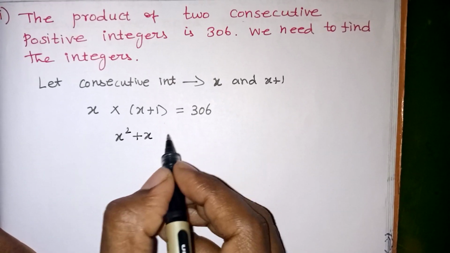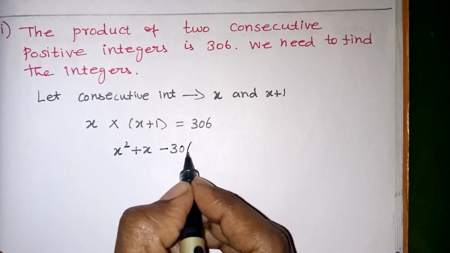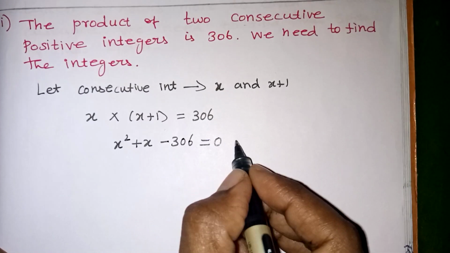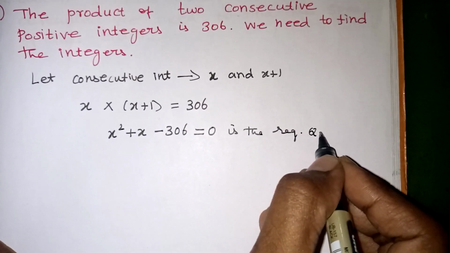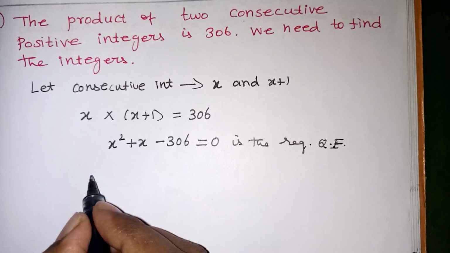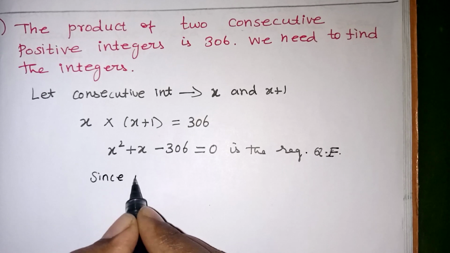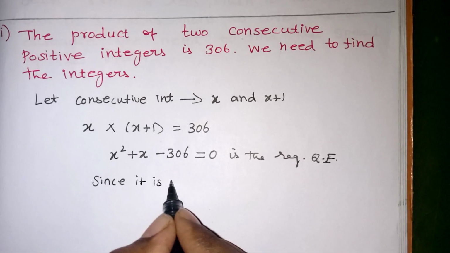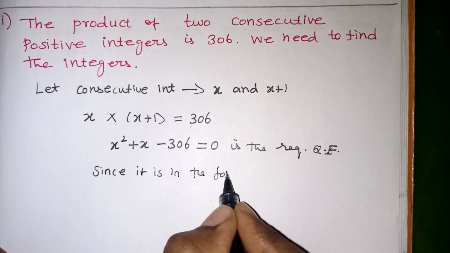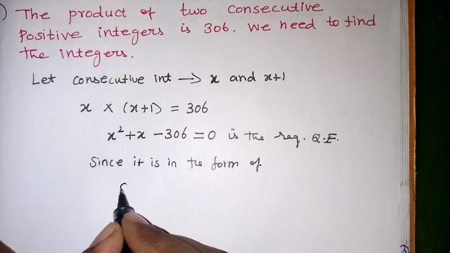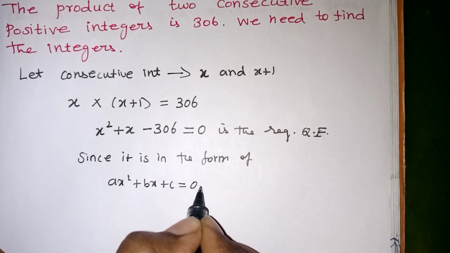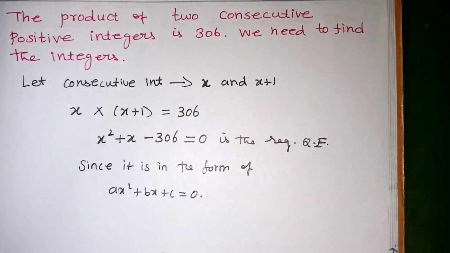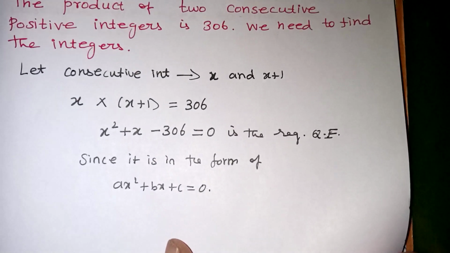This 306, if you bring it to this side, becomes minus 306, equal to 0. This is the required quadratic equation since it is in the form of ax squared plus bx plus c is equal to 0. They have asked you to just represent, and we represented. So that is your solution. We'll go to the next question now.